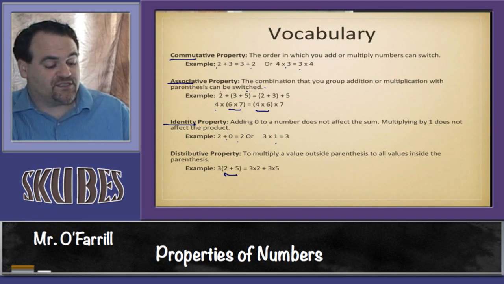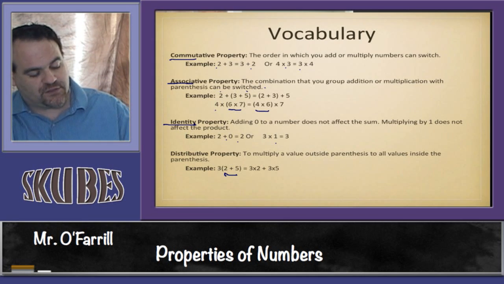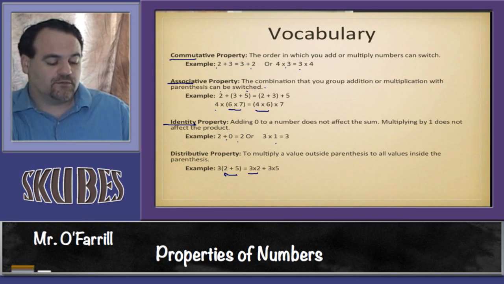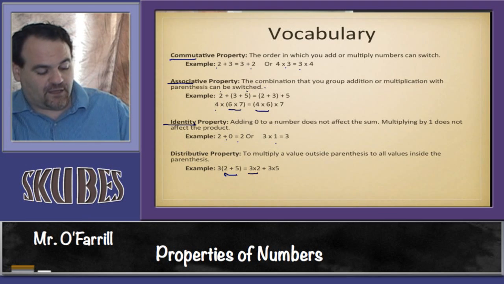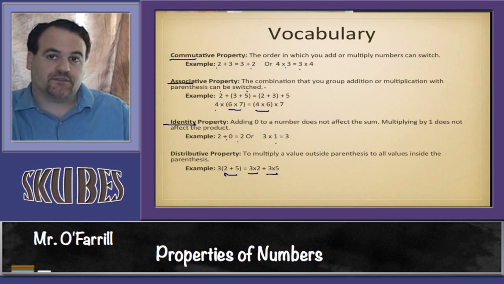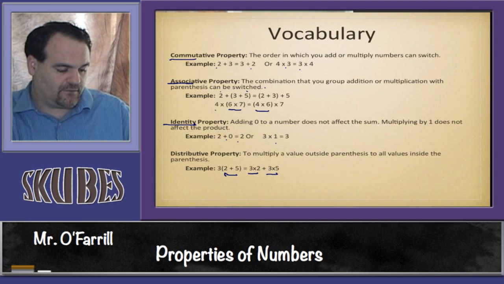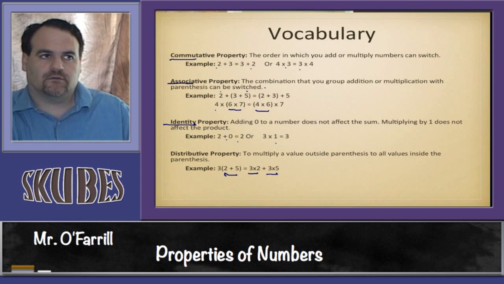Or we can distribute that 3 so that we have 3 times 2, which is 6, and 3 times 5, which is 15, and 15 plus 6 would be 21.